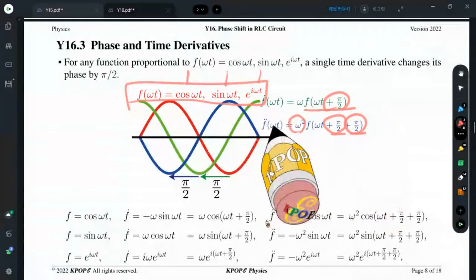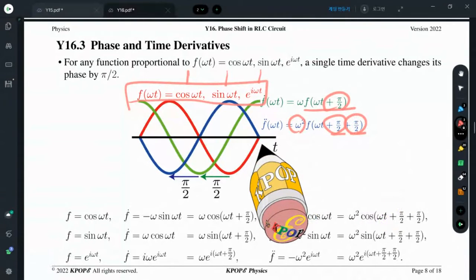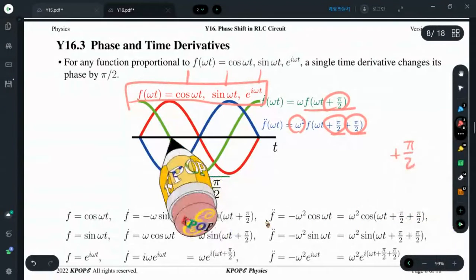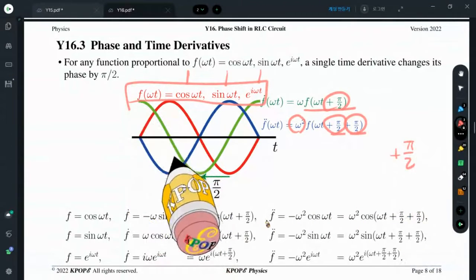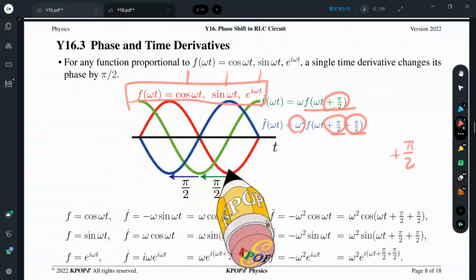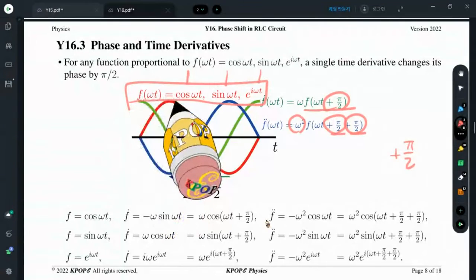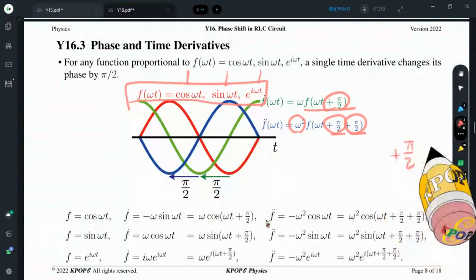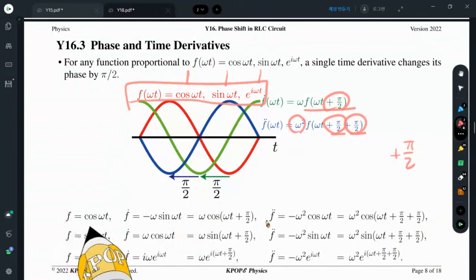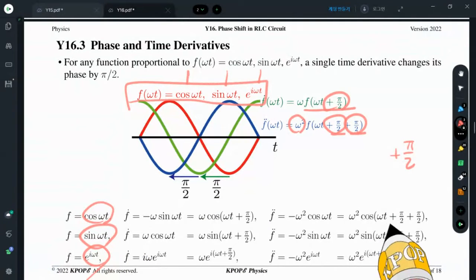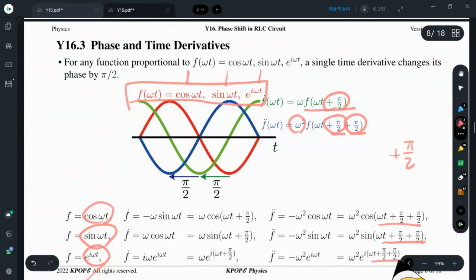If you take the triple derivative, usually we don't need that, then we need another half a pi shift, because the green one, red one, blue one, as you take the derivative, it makes a phase shift by half a pi repeatedly. So these are the complete set of results, whether you consider cosine, sine, or exponential. Whatever, the result is the same.